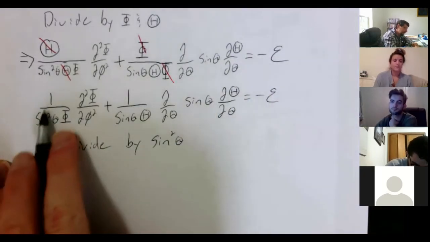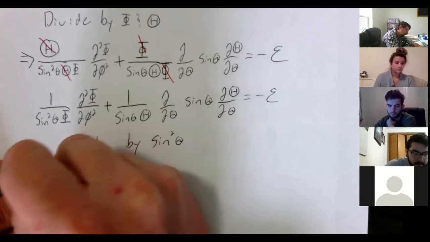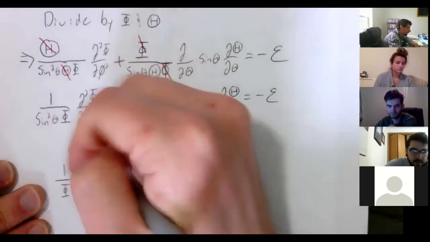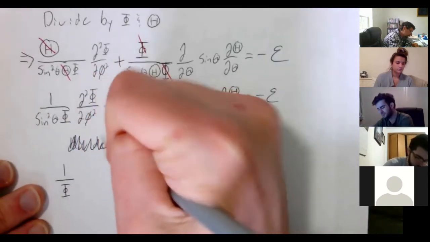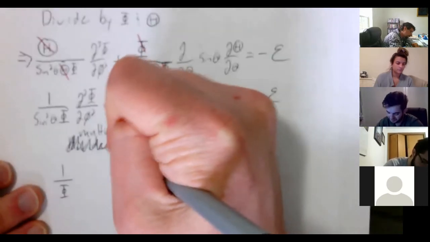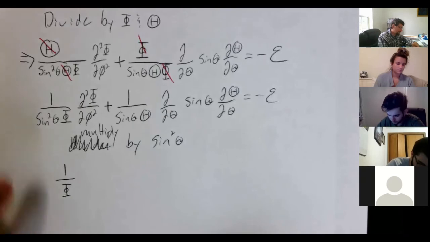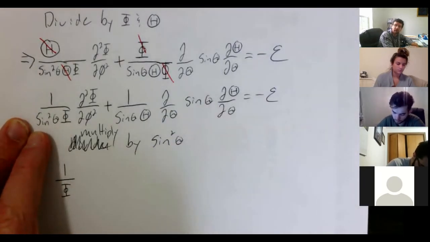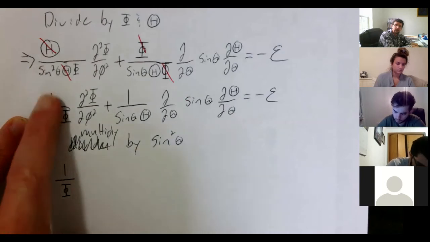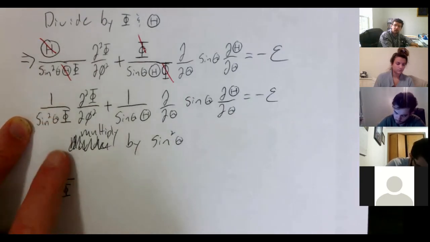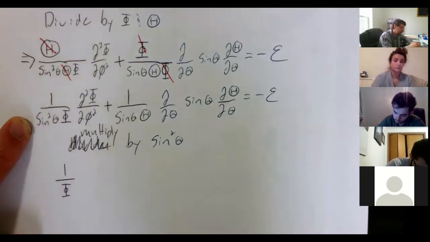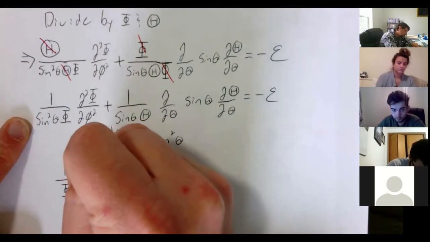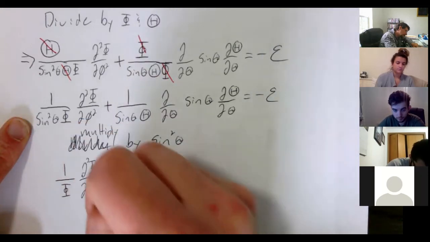Okay. We do that, that first term's going to go away. Did you mean multiply by sine squared theta? Yes, I do mean multiply. Whoops. So multiply this whole thing by sine squared. That first term goes away, right? Because we're going to have sine squared up top, so we're left over with 1 over capital phi, this guy.